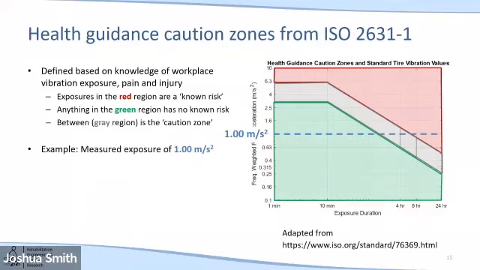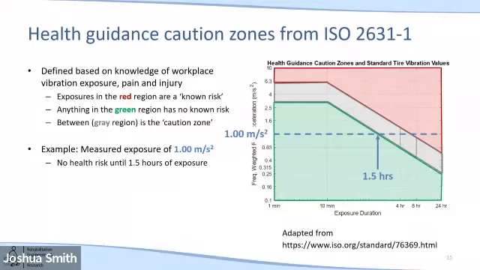Long-winded buildup, but here's an example. If you're exposed to 1 meter per second squared of vibration per day, you just take your value and you plot a line across this plot, right? And you take a look at where it crosses these thresholds. So you travel all the way to the right until you reach the gray area at about 1.5 hours.